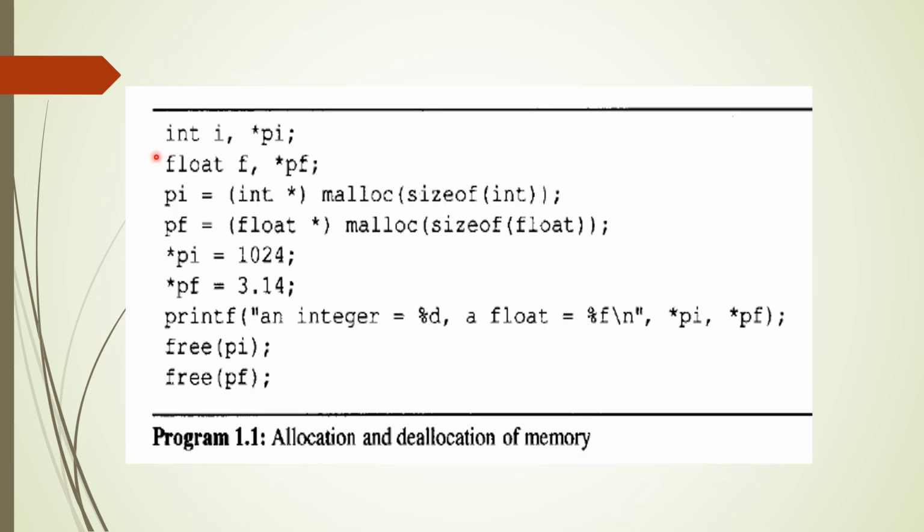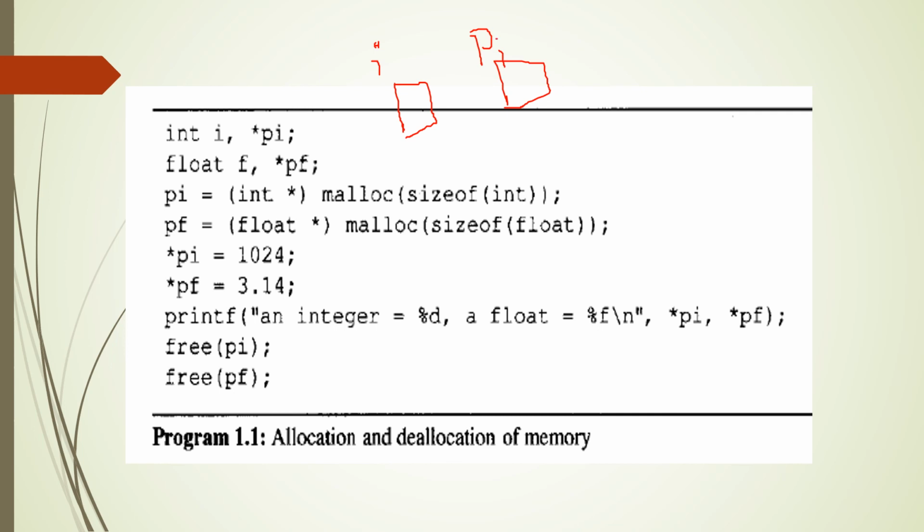So now let us understand the concept of dynamic memory allocation by taking one simple example. As I already mentioned, when this particular statement is executed, two blocks are created. The name of the first block is i, the name of the second block is pi, and pi is a pointer variable and i is a simple variable.